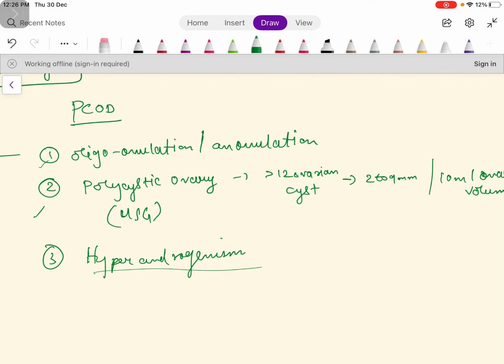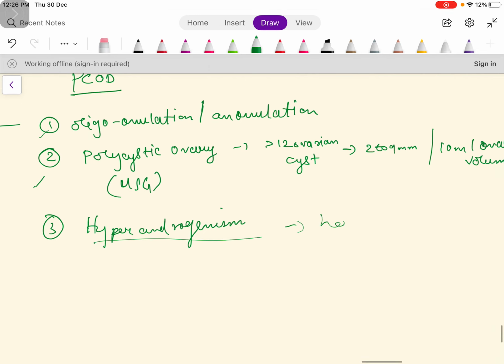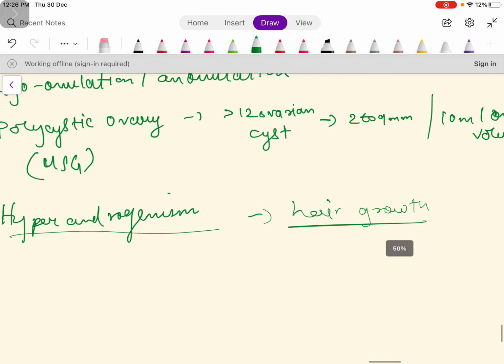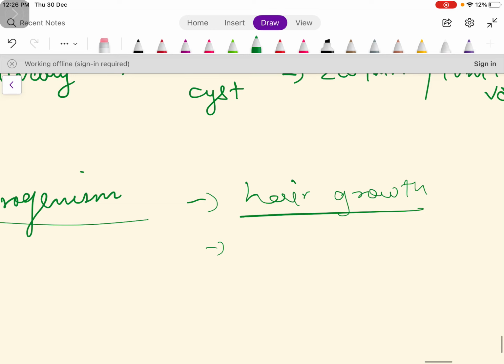Now there is hyperandrogenism. Because of hyperandrogenism, there will be hair growth in the female, and this hair growth will be like male pattern hair growth. Okay, so there will be hair growth on the face, like on the jaw lines, in the chest region, and there will be so much growth of hair that it will look like the male hair growth pattern.